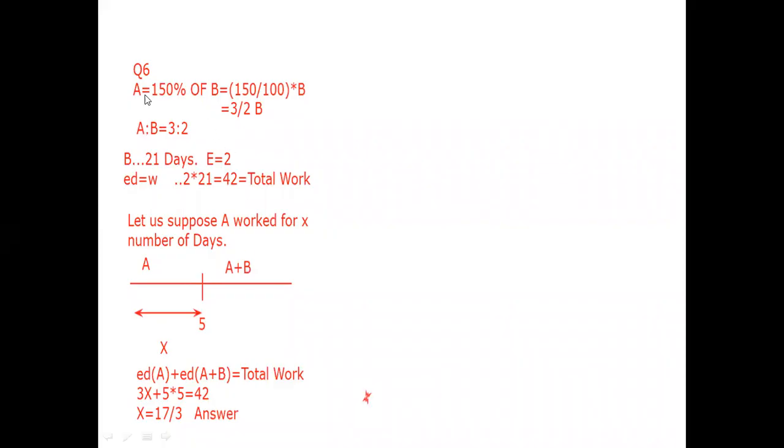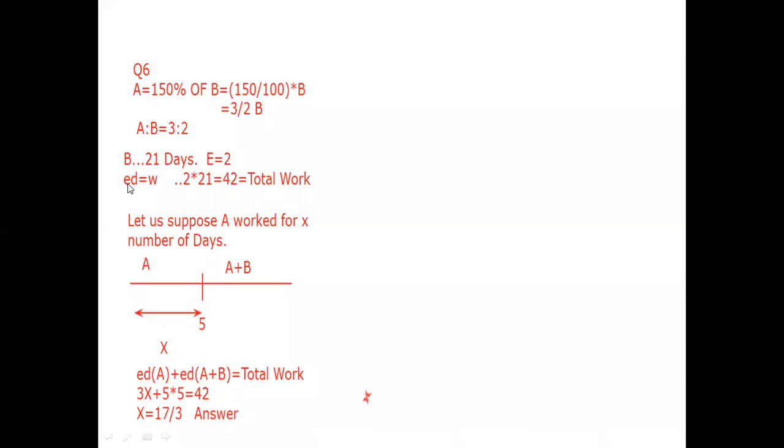Now they've given A's efficiency is 50% more than B, so it could be equal to 150% of B. You will get A equal to 3 by 2 B, or A ratio B is equal to 3 ratio 2. Because in the question they have given, B can do the work in 21 days, I will use this formula.